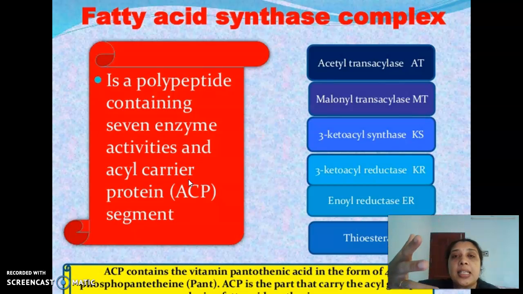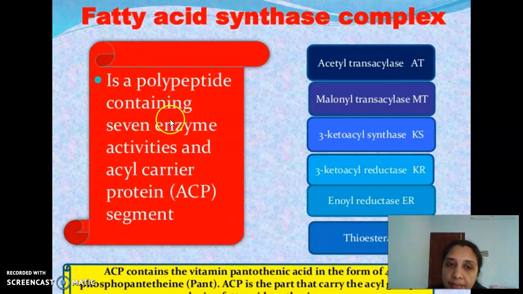In the case of fatty acid synthase complex, the molecule which is acting as a swing carries the product from one location to the other, from one enzyme to another. And that swing is the acyl carrier protein.